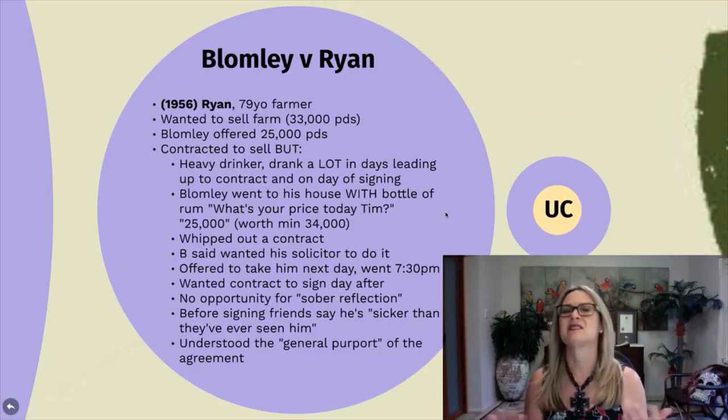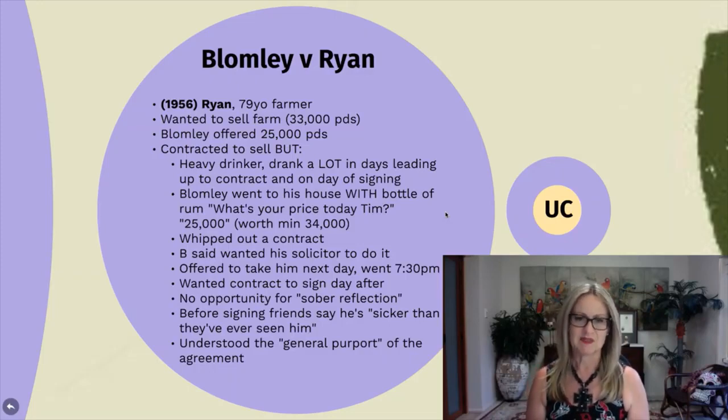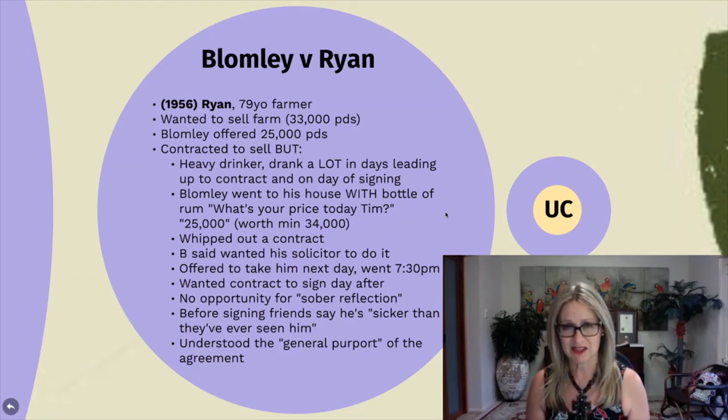They say that he did sober up somewhat on the car trip from his property to the solicitors, such that he probably had a hazy understanding of being in the office there to sell his property and draft up a contract reflecting that, but there was no opportunity for sober reflection. As to his state that day, his friends say that he was sicker than they had ever seen him.